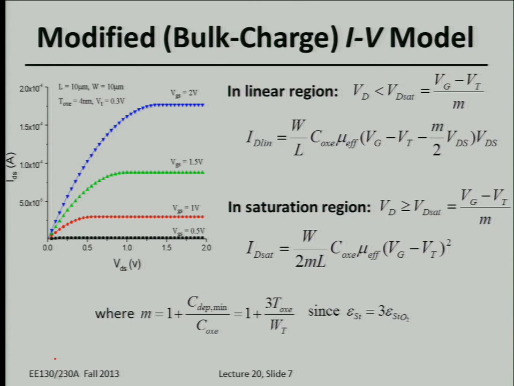The smaller the depletion capacitance, the less current degradation you suffer from this correction, and you get larger MOSFET drive current in reality. Normally, the value of M falls within the range of 1.1 to 1.4.